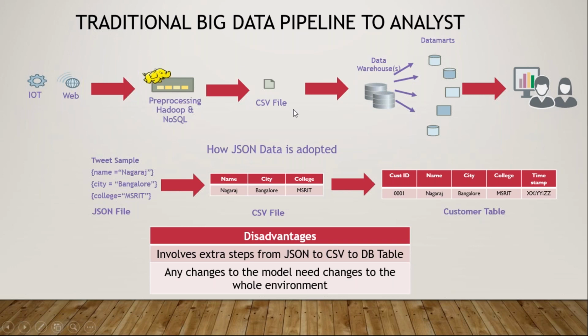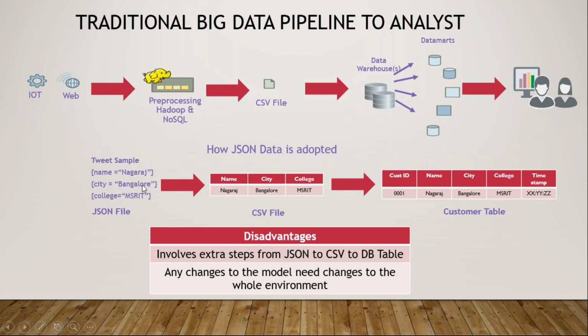So let's try to understand in detail a bit. What if JSON data is allowed to fit into the data warehouse, and how would it work? Here is a tweet example; I'm just taking some example. There's a guy called Nagaraj from Bangalore, from some MSRIT college.